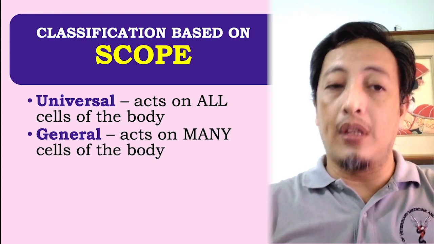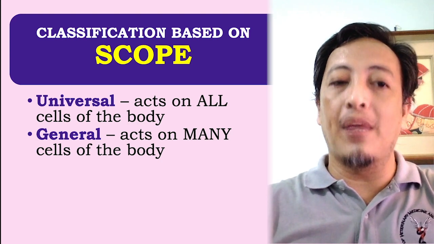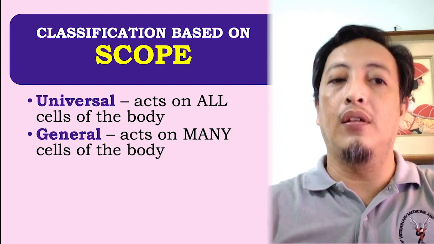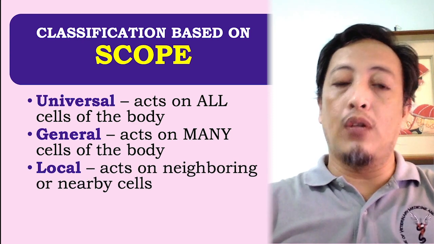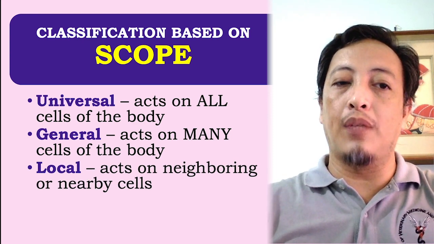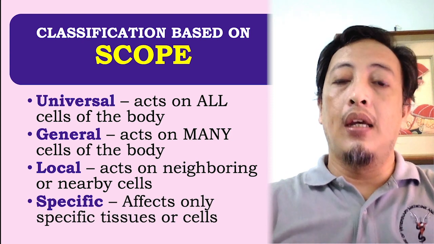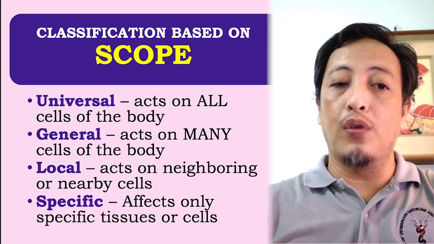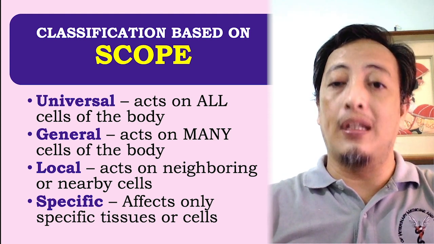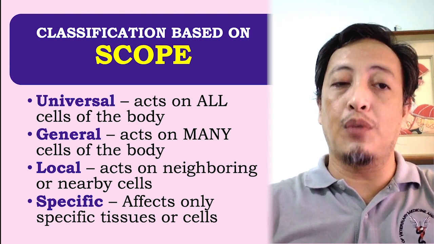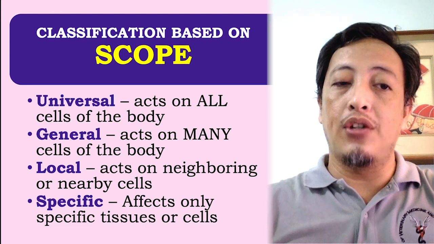Meron din namang general na tinatawag that acts on many cells of the body, but not all. So yun yung difference between the universal and general hormones. And there are also local hormones that act on neighboring or nearby cells. And there are also specific hormones, which means that they only affect specific tissues or cells. So yun yung in terms of scope. So they are either universal, general, local, or specific.